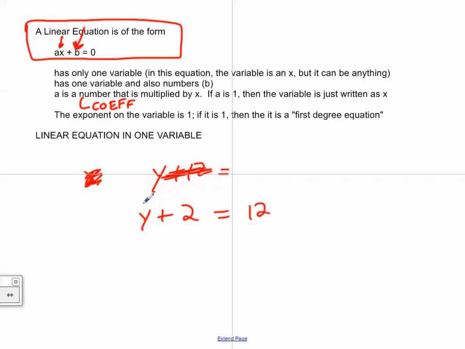We see here that y is our variable, and we have to understand that the coefficient in front of y is an unwritten 1. We also have to understand that there's an unwritten plus sign in front of it, and that because there's nothing written as the exponent, it's y to the first power. So there are a couple things that we have to remember or understand if they're not written down. So there are the basics of what linear equations are.